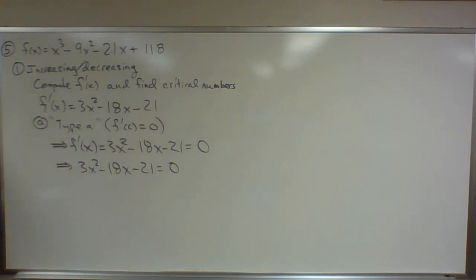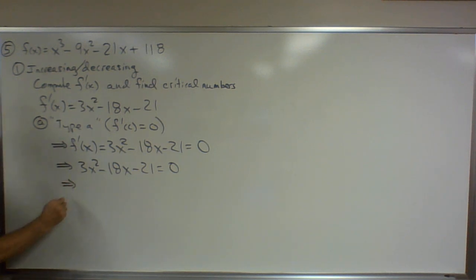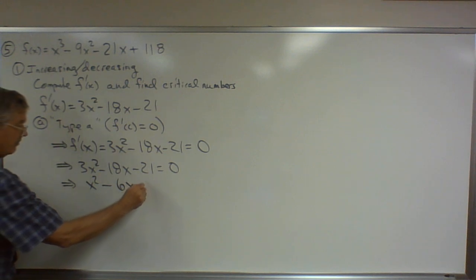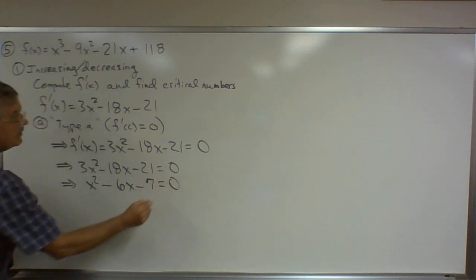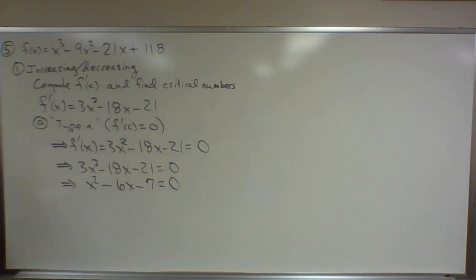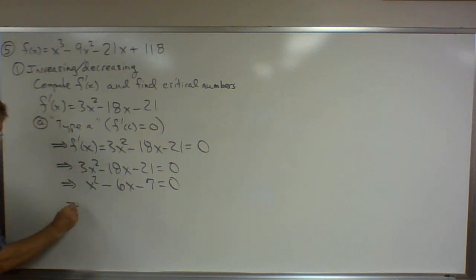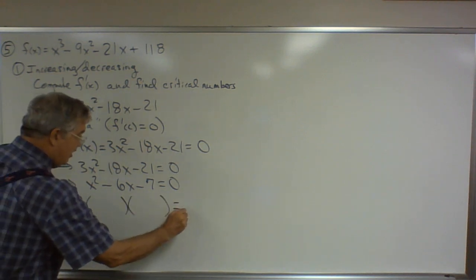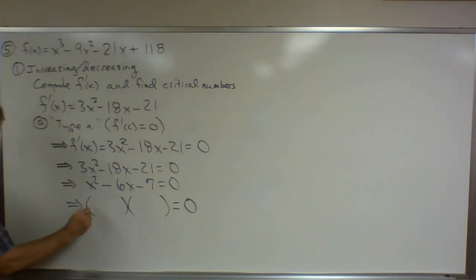All terms have a common factor of 3. And since 3 is a non-zero constant, I can divide both sides by 3. And if there's any justice in this world, this son of a gun is going to factor.